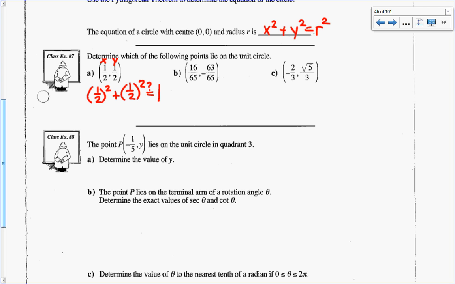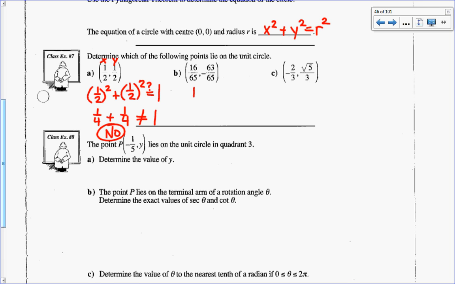if you have 1/2 squared, that's 1/4 plus 1/4. That does not equal 1. That equals 1/2. Okay, so no, this point does not lie on the unit circle. Okay, this one.